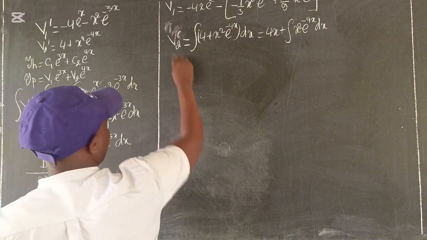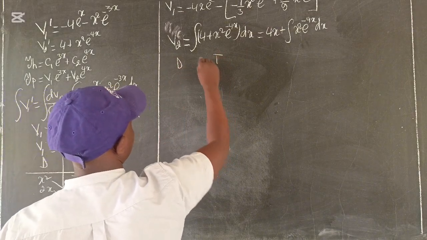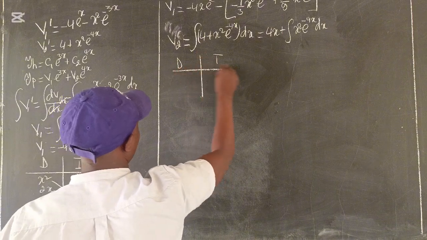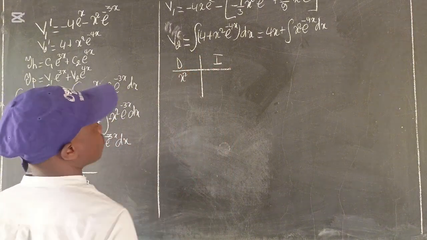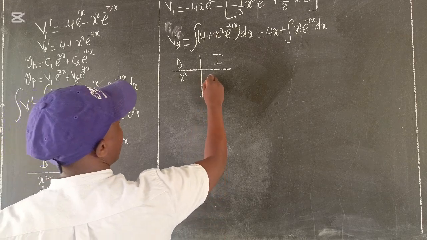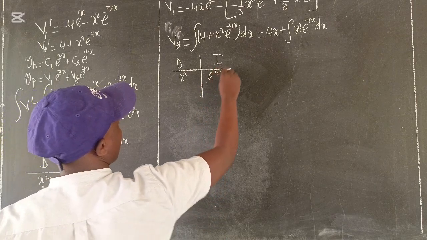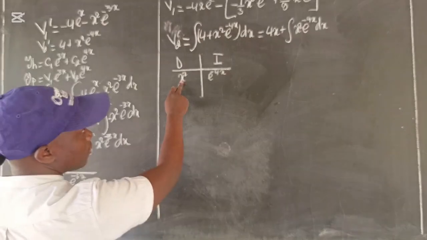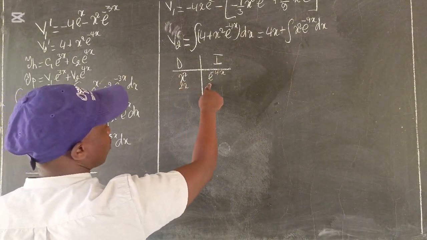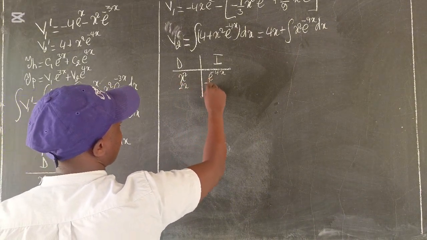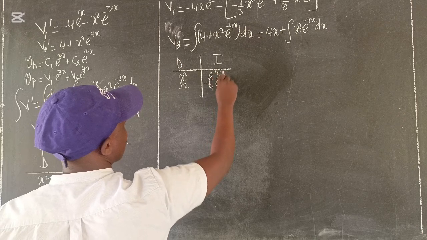We have d and we have I. We have d is x square, where I is exponential of minus 4x. The derivative of this is 2x. The integral of this is minus 1 over 4 exponential of minus 4x.